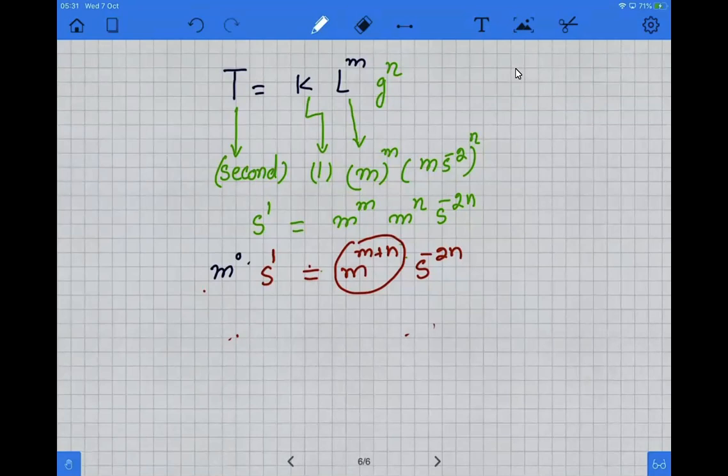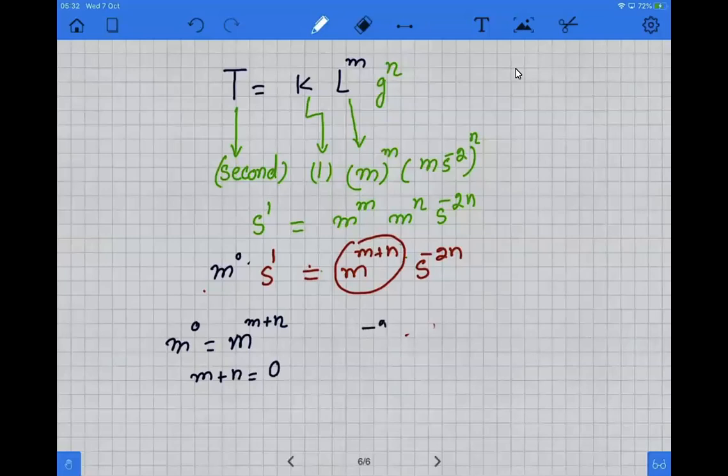Now if we equate the bases, meter is not on the left hand side, so we put meter 0 there. Now we equate the same bases. Meter power 0 is equal to meter power m plus n, which will lead us to m plus n is equal to 0.